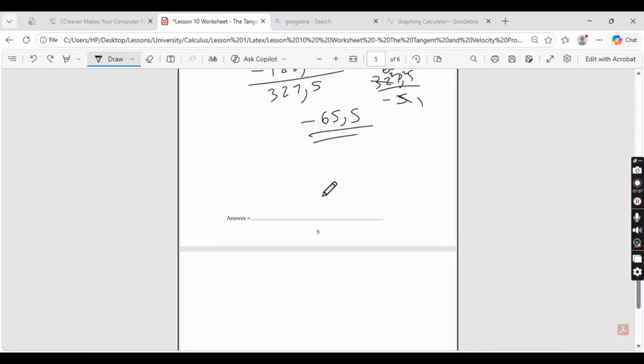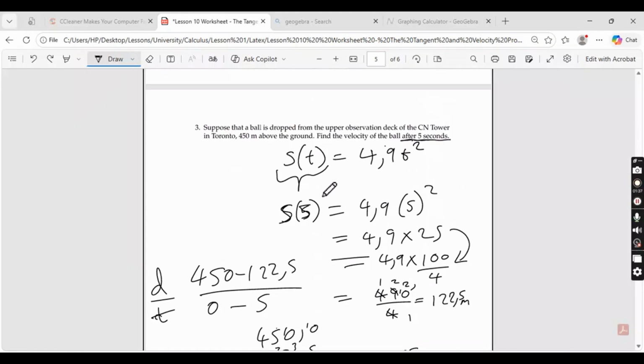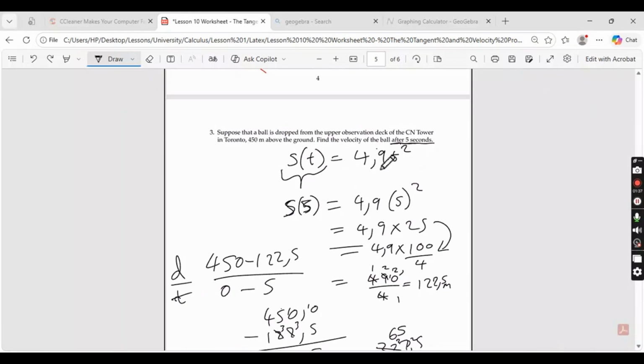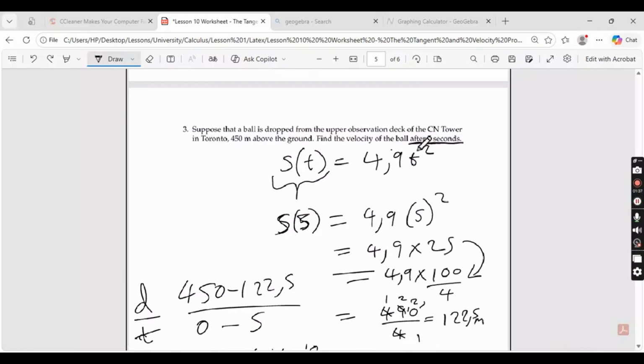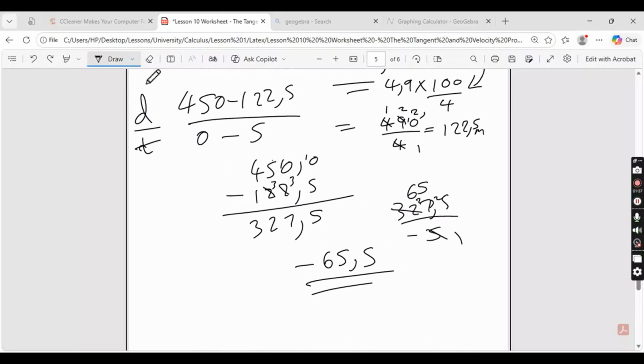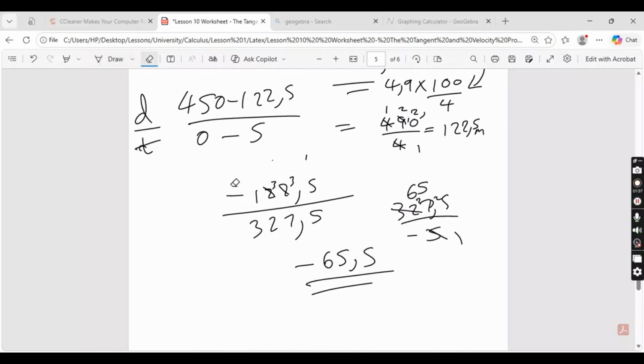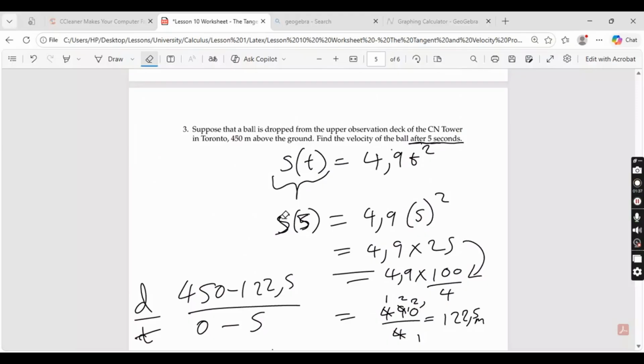Okay. So you found for 5. We have to find for a number that is very, very close to 5, but after 5.